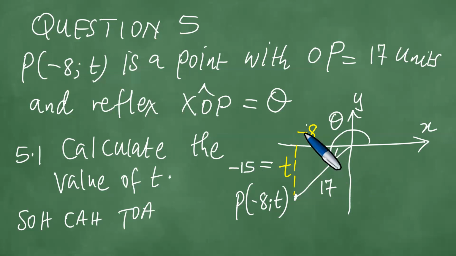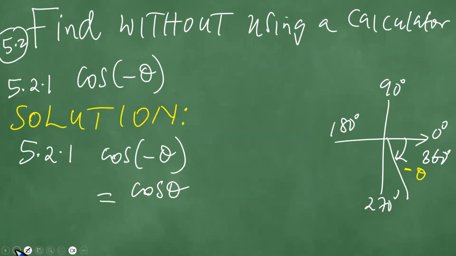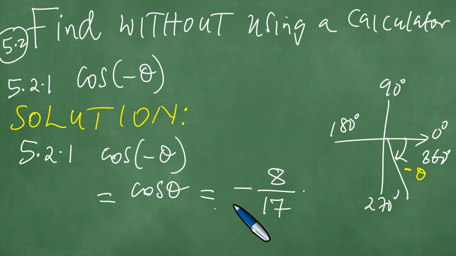The cosine of theta is adjacent over hypotenuse, which is minus 8 over 17. So that is the cosine of minus theta.